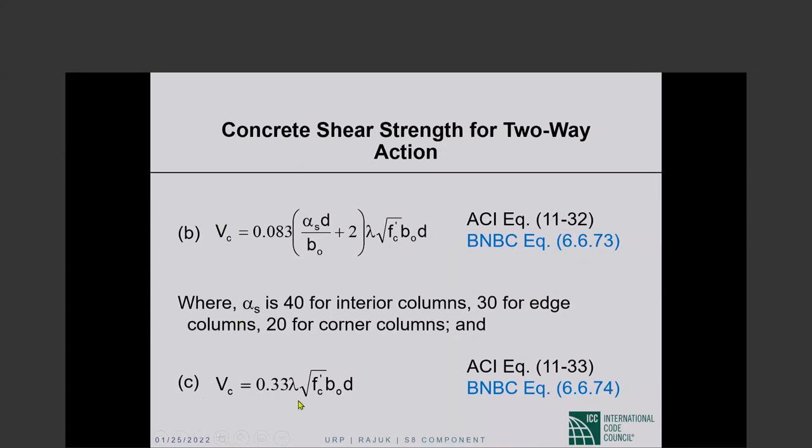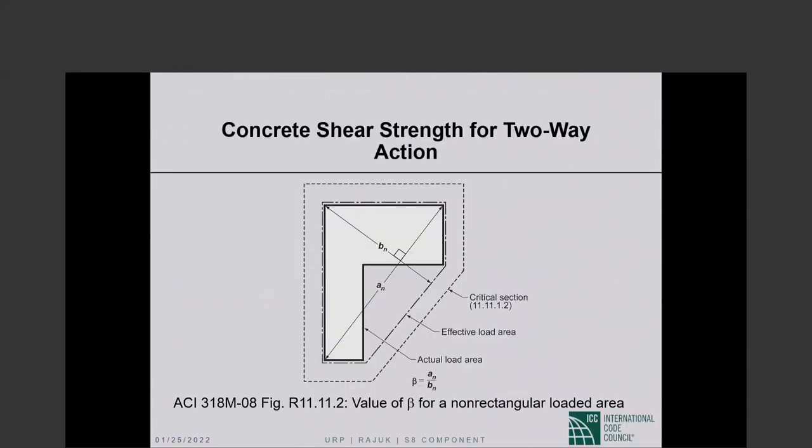This is the third expression. A constant times lambda, the lightweight concrete factor, square root of f sub c prime, b sub 0, the perimeter of the critical section, and d, the effective depth. Okay. Now, the long side to short side ratio for a rectangular column is quite simple.